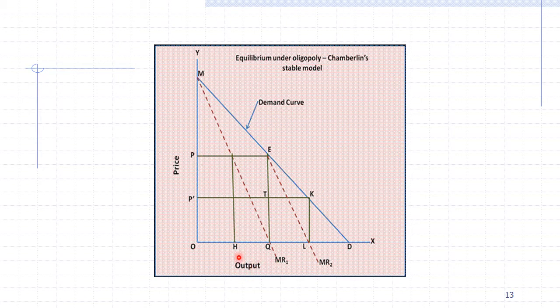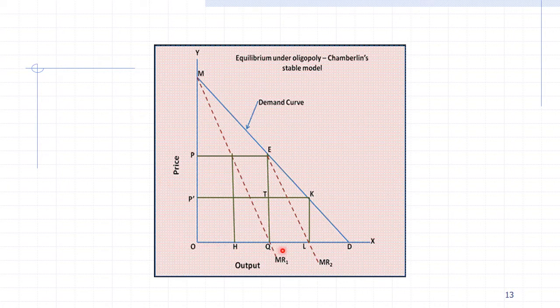With MC being equal to 0 according to the assumptions of this model, he will produce half of the QD, because OQ is already produced by the first seller.